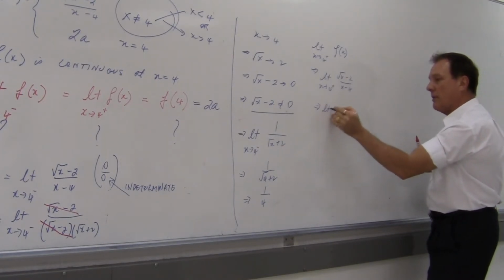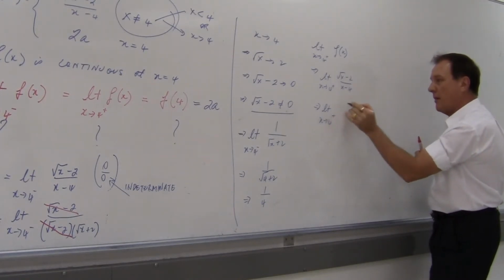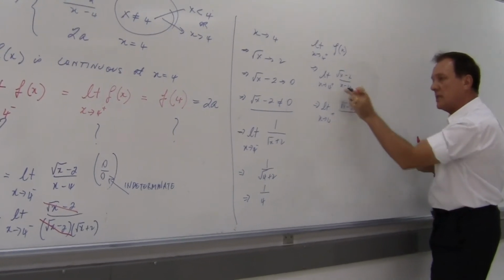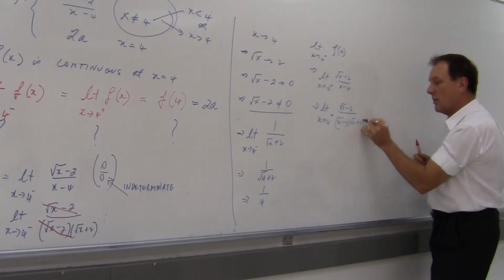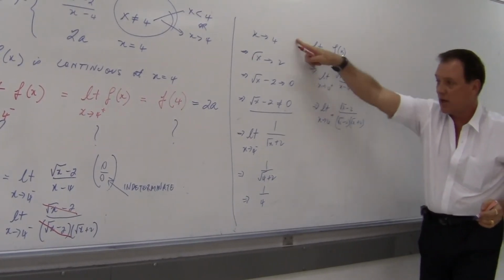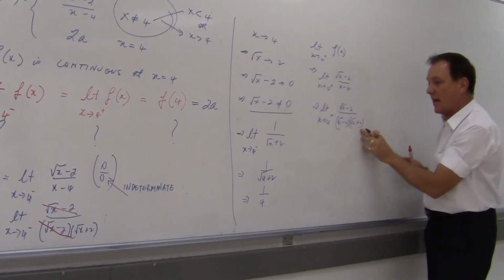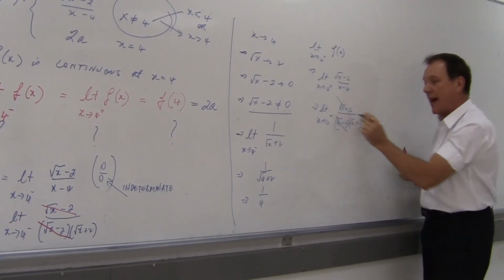Okay, so we end up with limit x approaches 4 from above, root x minus 2, and again root x minus 2, root x plus 2. By the same argument as I've got over here, exactly the same one, I can cancel.